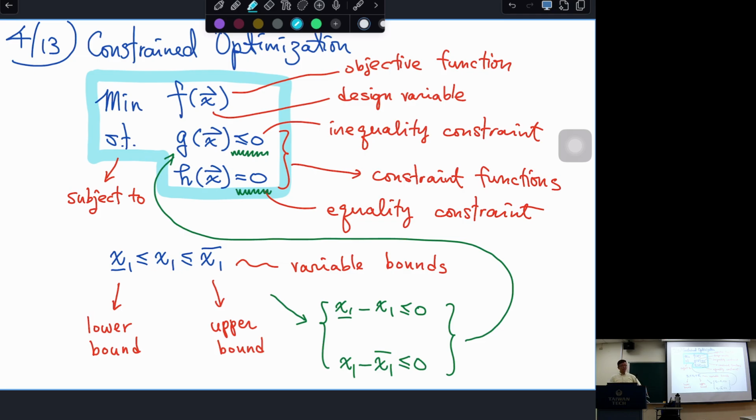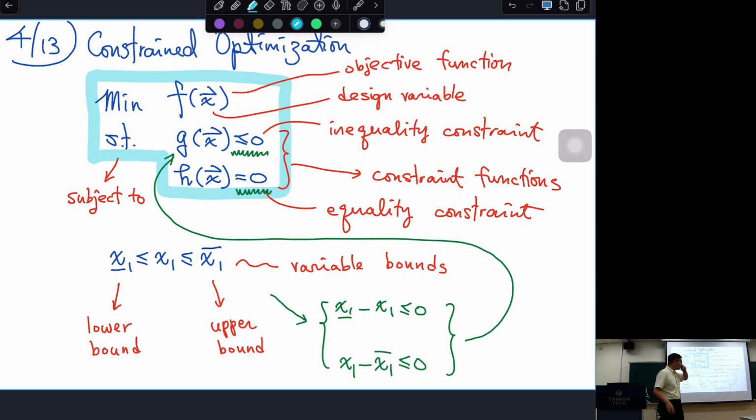So do you have to design within a variable bound? Maybe yes, maybe not. It depends on the designer. For example, if you are designing a piece of this plate as the desk, you're designing the thickness. So let's say the thickness is your design variable. Thickness cannot be negative.